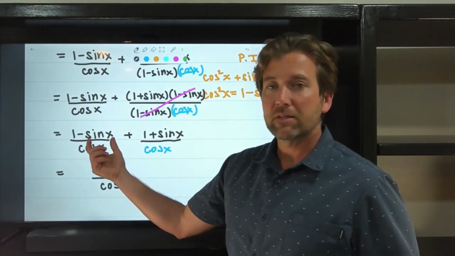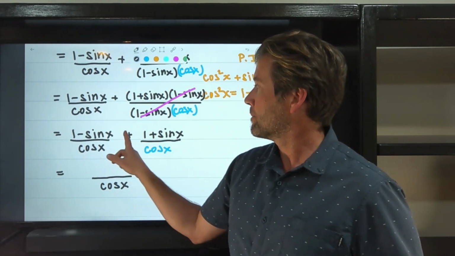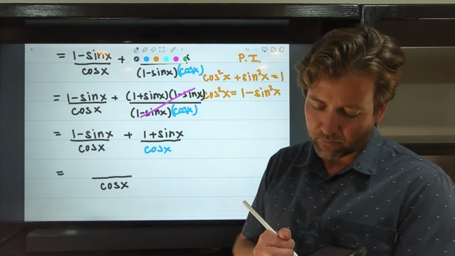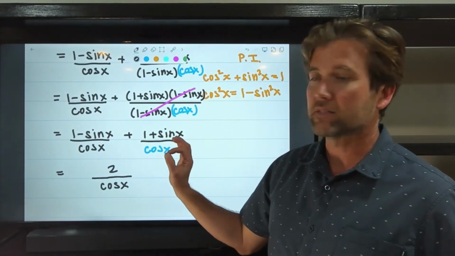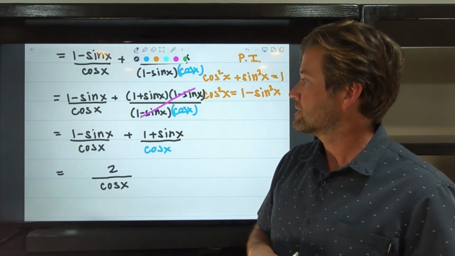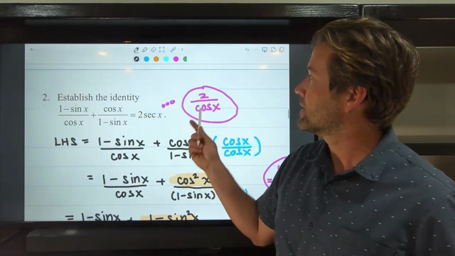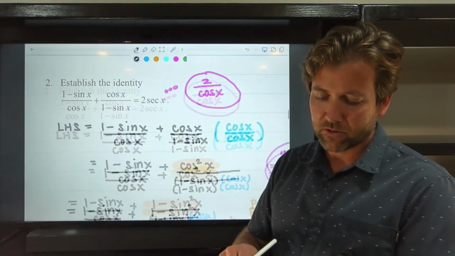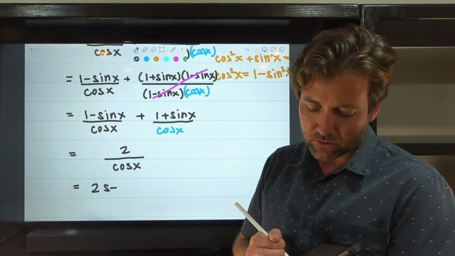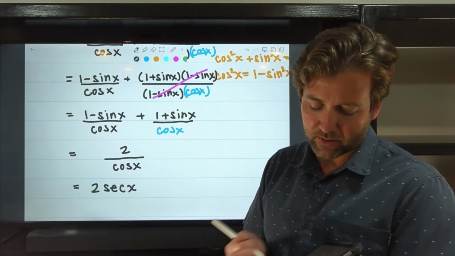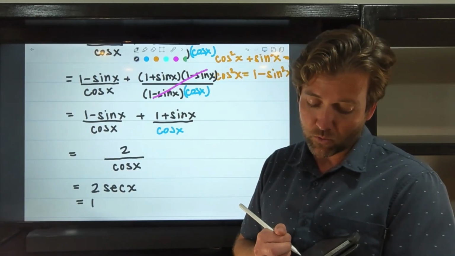I'm going to combine the terms in the numerator. 1 plus 1 is 2. Negative sine x plus sine of x is 0. And this is exactly where I wanted to be. 2 over cosine of x, which equals the right-hand side, 2 times the secant of x. That's perfect. That's what we wanted.